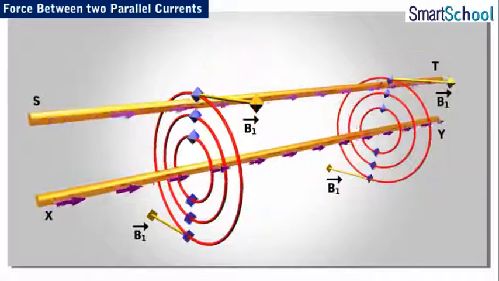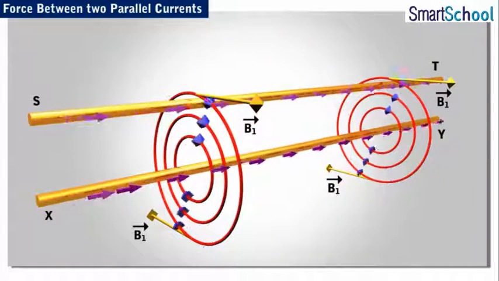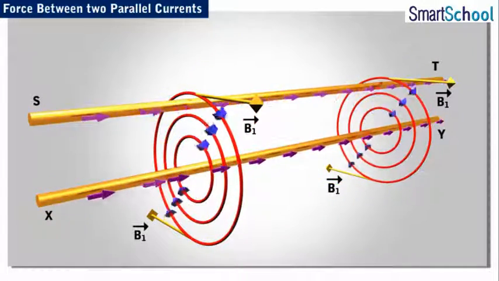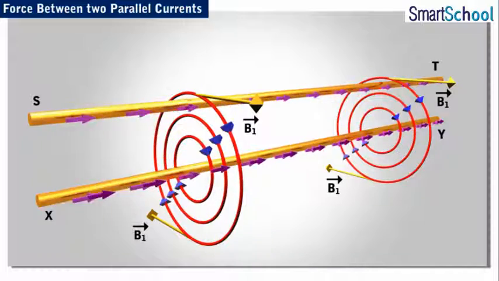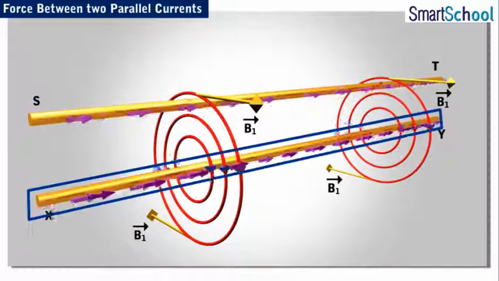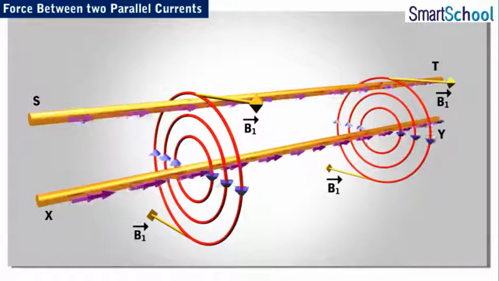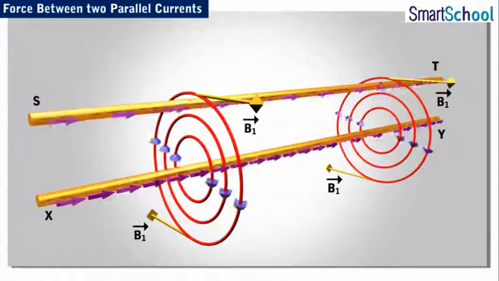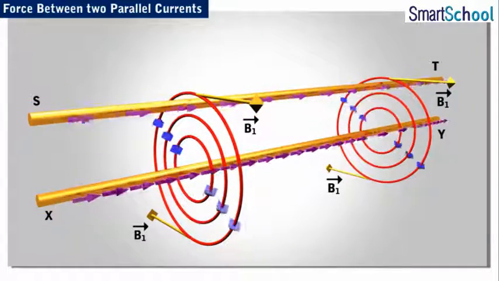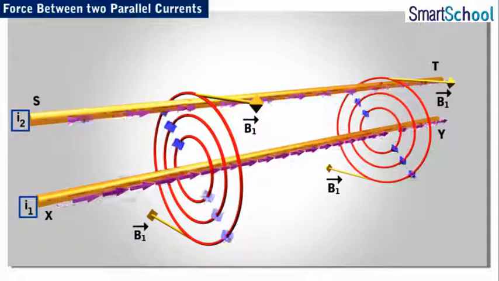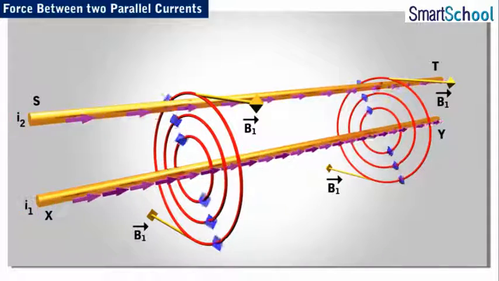Now, let us find the force of attraction between the conductors carrying currents in the same direction. Let us first find the force exerted by conductor XY on conductor ST. Let the currents passing through the two straight conductors XY and ST be I1 and I2 respectively.